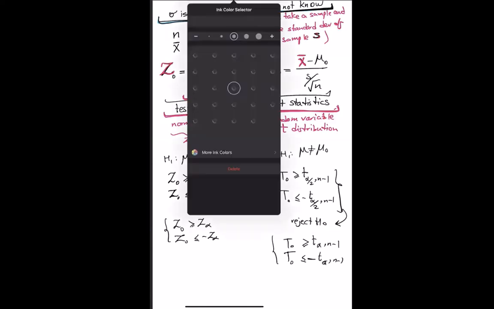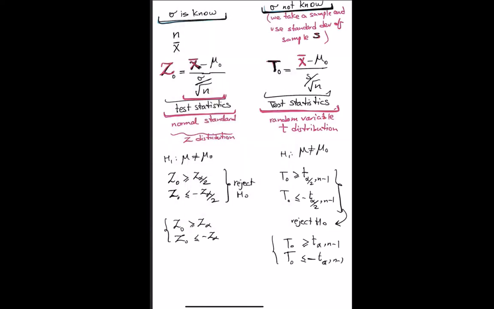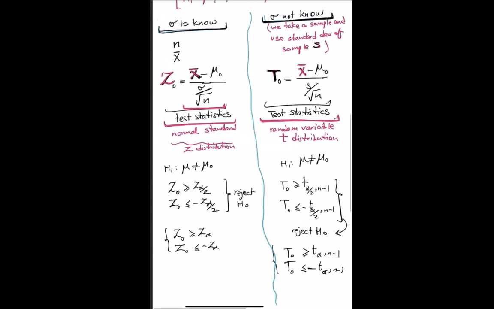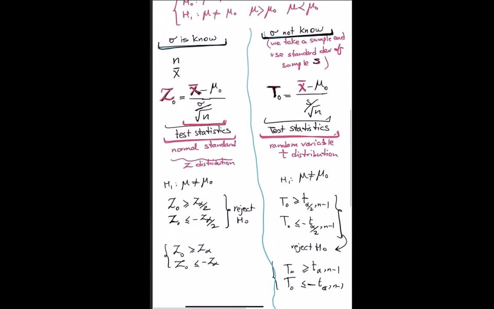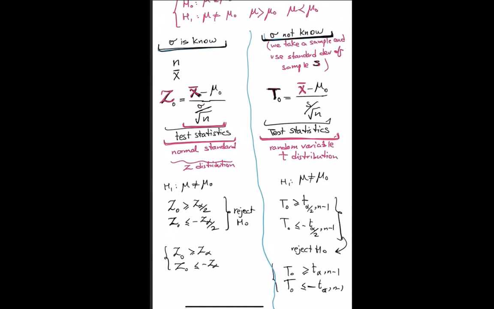But as you can see here, these two are pretty much the same. The only difference between these two is that in the methods on the left, sigma is known, and in the methods on the right, sigma is not known.